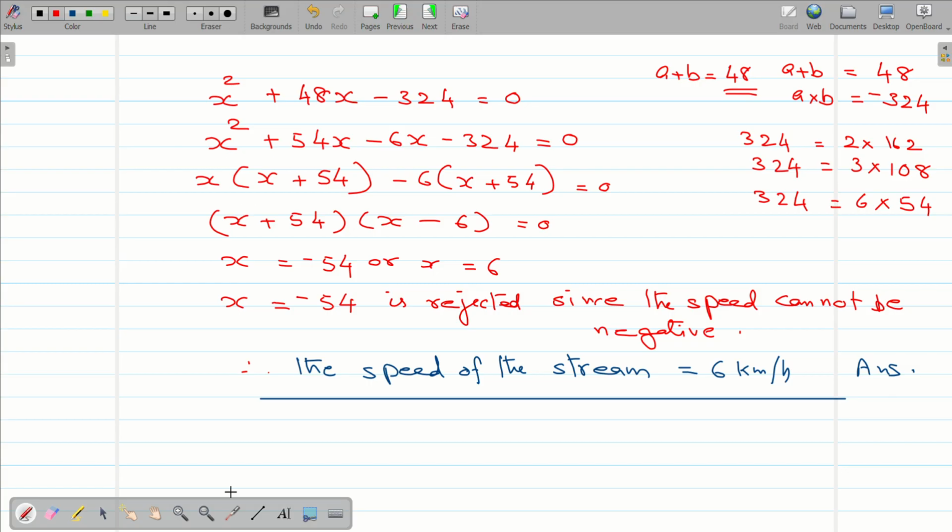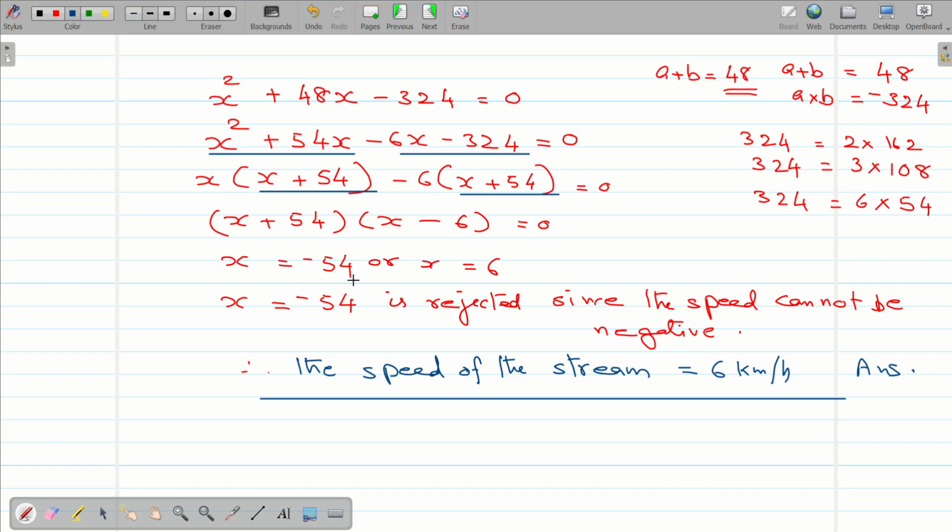Now from the first two terms, I can take x common, and from the third and fourth terms I can take minus 6 common. x into x plus 54 minus 6 into x plus 54 is equal to 0. Note one thing, these two brackets should be the same, x plus 54 and x plus 54. So x plus 54 is common, so x plus 54 into, from the first I get x, from the second I get minus 6 is equal to 0.